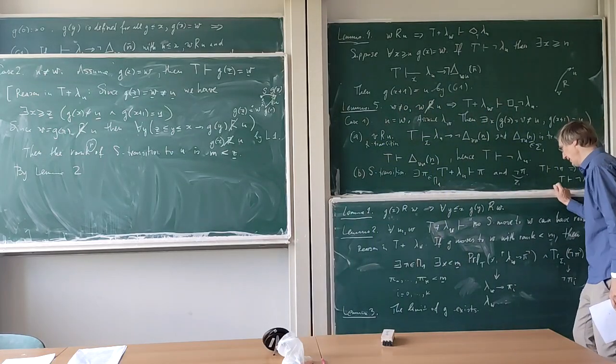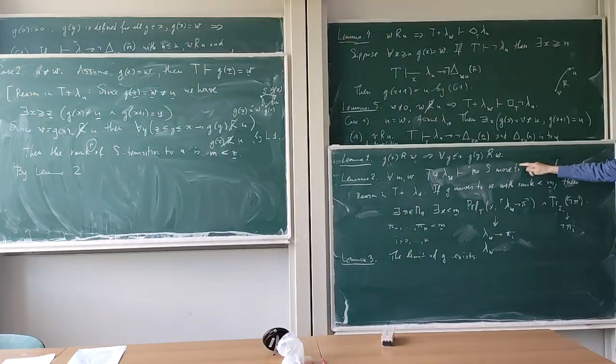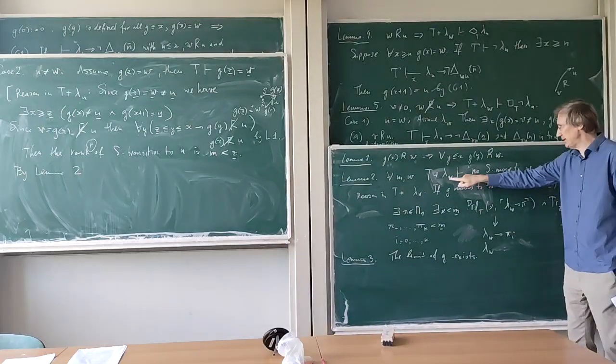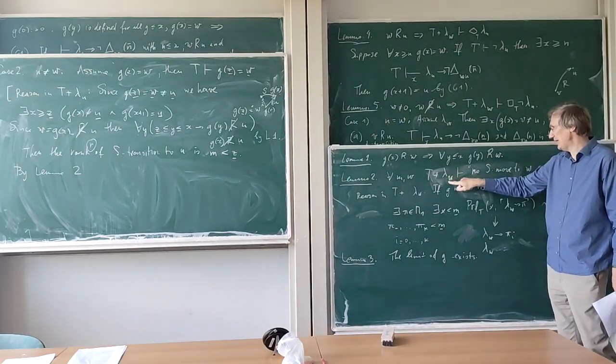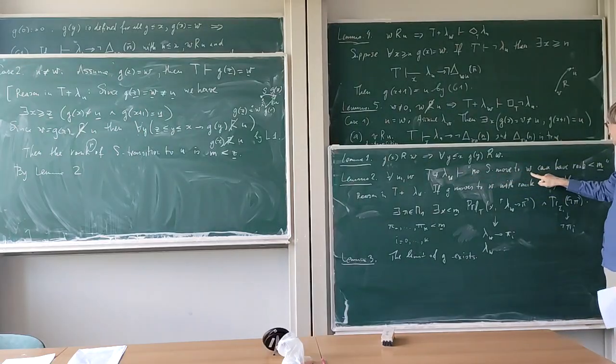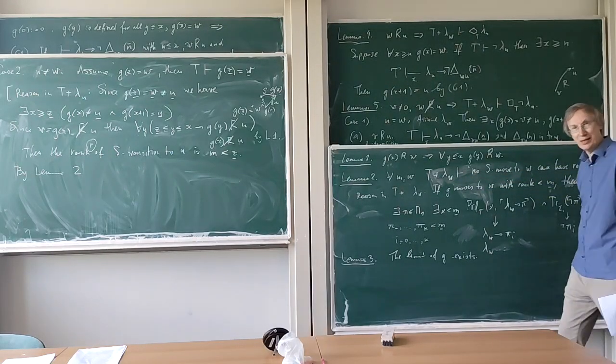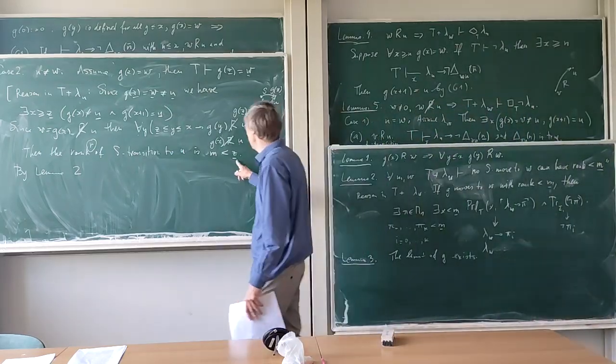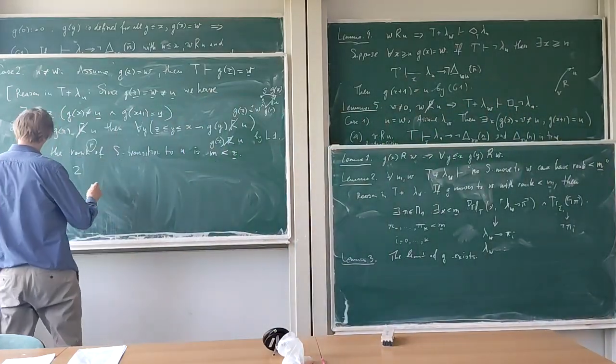Lemma 2 says that T plus lambda U proves that no S move to U can have rank smaller than M, any standard number. And we have here a standard number.